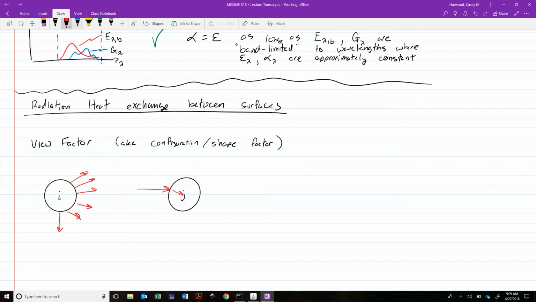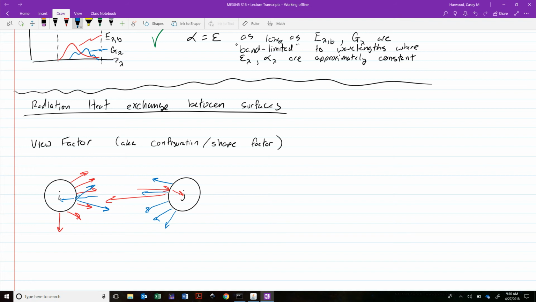Some of what hits J will be absorbed, and some will be cast back towards I. Similarly, J is going to be radiating energy, some of which will hit I and go in, and some of which will be reflected back out of I. And remember that, if we assume that everything here is diffuse, in other words, these are diffuse emitters, each one of these arrows should really be a collection of arrows going in all directions.